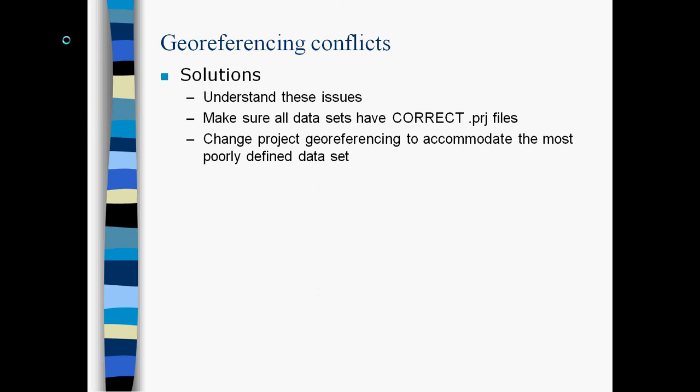And as a last resort, if you know what the coordinate system is of a new data file that seems to be problematic, you can change your entire map document to match that, and then all the other files which have good georeferencing will adjust themselves to follow along with that. So that's georeferencing conflicts, and I'm going to end right there, because I'm reaching my 10 minutes.